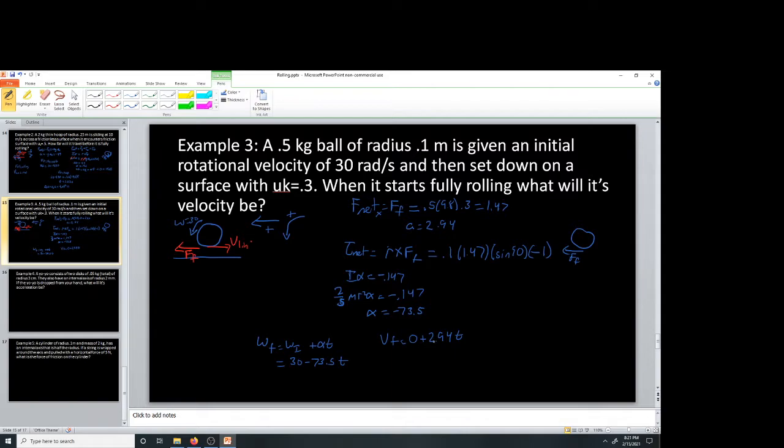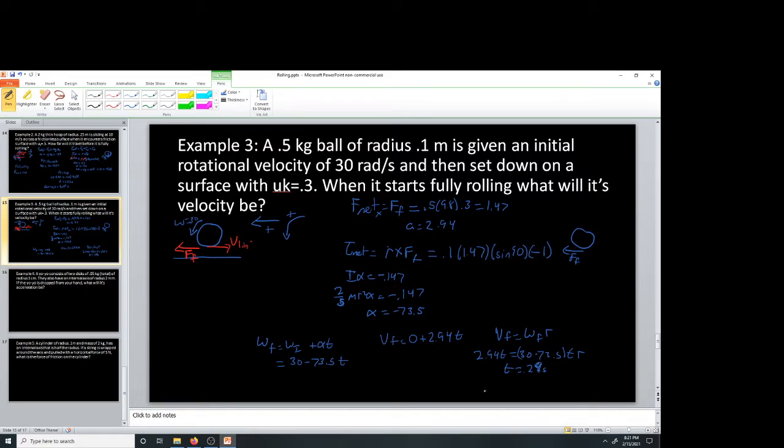And I say that v final equals omega final times r. So 2.94 t equals 30 minus 73.5 t times r, which is 0.1. We can solve for t equals 0.29 seconds. So it doesn't take long for it to start fully rolling.